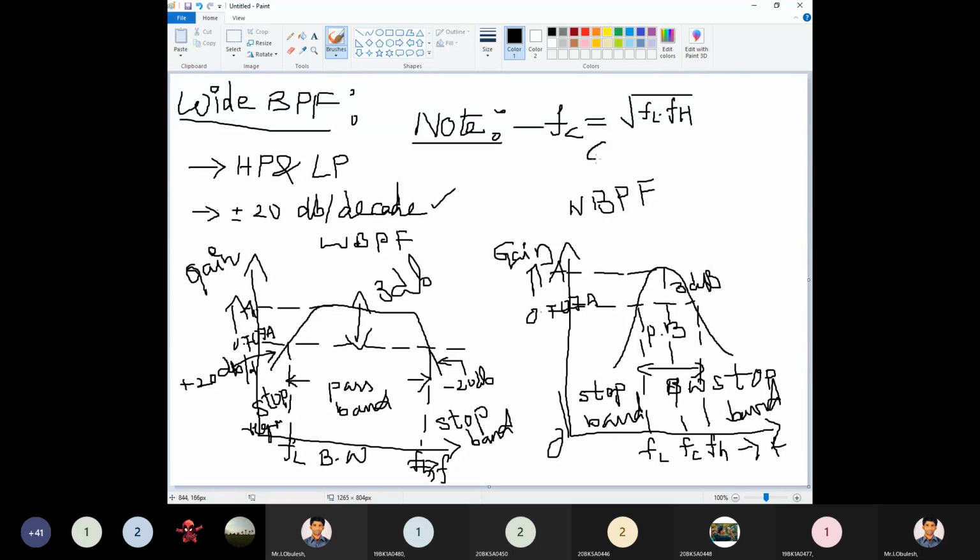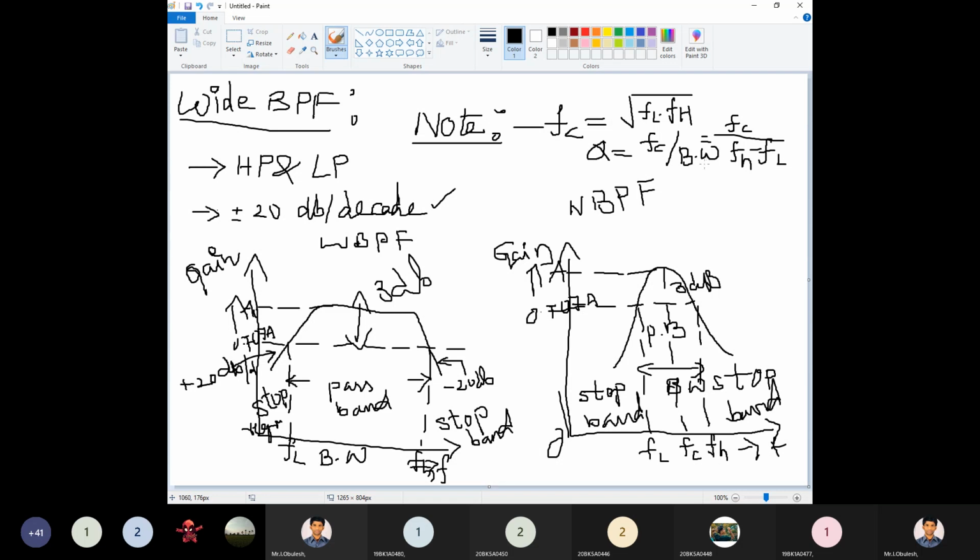Quality factor Q is equal to FC divided by bandwidth. You need to represent it like this: Q equals FC divided by FH minus FL.